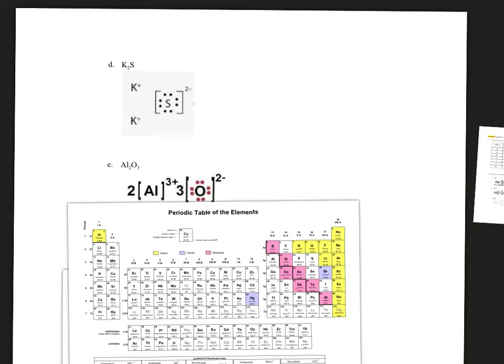Letter D here has 2 Ks and 1 S, so we'll draw a K and a K, and it is in group 1, so they each have 1 valence electron. I should have started at the top with those dots. And then there's 1 S, and the S is in the 6th column, so it has 6 valence electrons, and let's do this one a little bit different color.